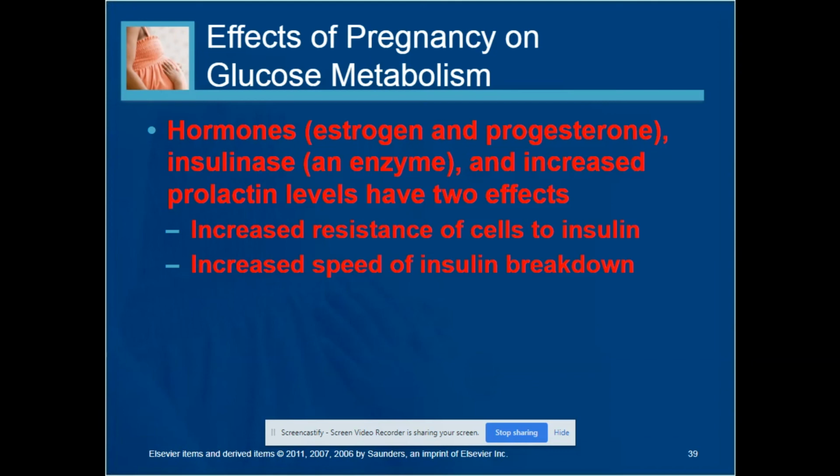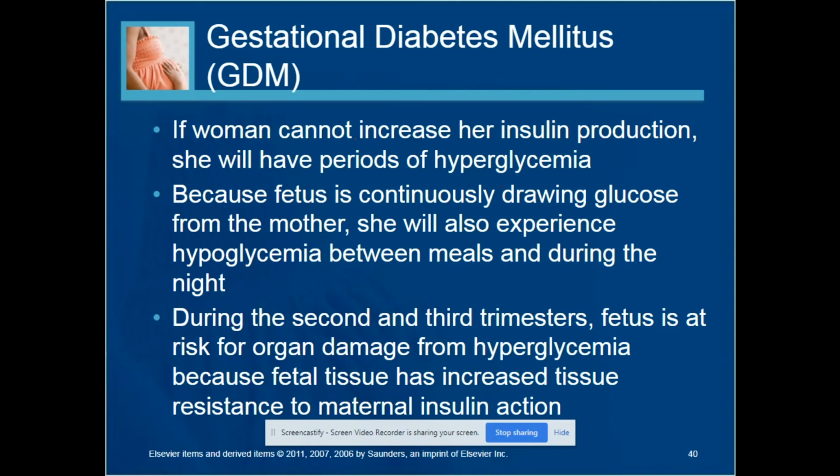So we're not able to use it quick enough because it's breaking down so fast. If a woman can't increase her insulin production, she'll have periods of hyperglycemia. So she'll have periods of very high blood sugar. Because the fetus is continually drawing glucose from the mother, she'll also experience low blood sugars in between meals and during the night.